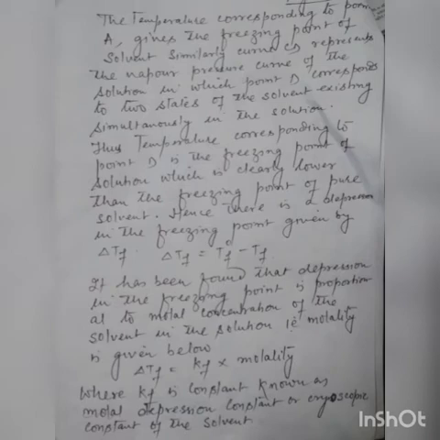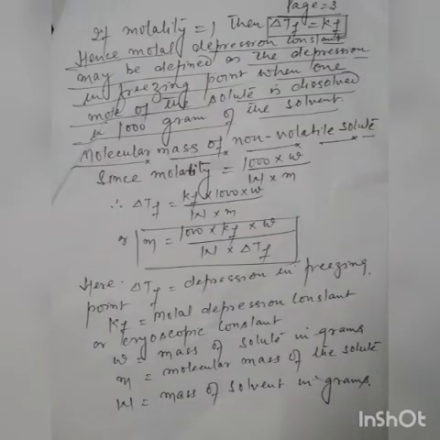Delta Tf is equal to Kf into molarity, where Kf is a constant known as molar depression constant or cryoscopic constant of the solvent. On page number 3, if molarity is equal to 1, then delta Tf is equal to Kf. Hence, molar depression constant may be defined as the depression in the freezing point when 1 mole of the solute is dissolved in 1000 gram of the solvent.